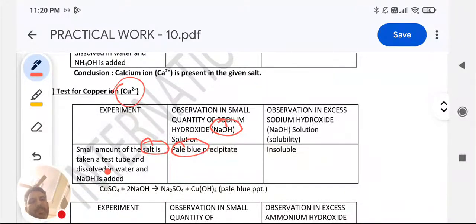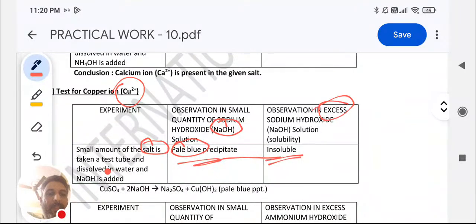A pale blue precipitate is obtained when you add small amounts of sodium hydroxide. And when you add excess sodium hydroxide, this pale blue precipitate remains pale blue, that means it is insoluble.